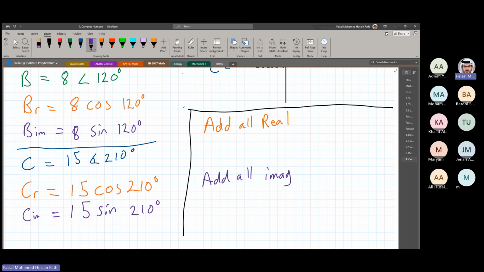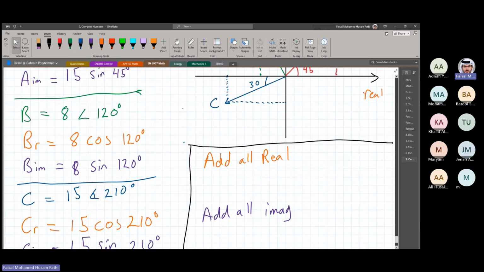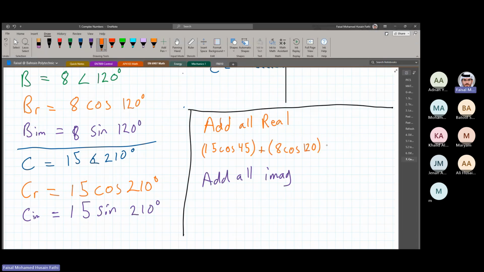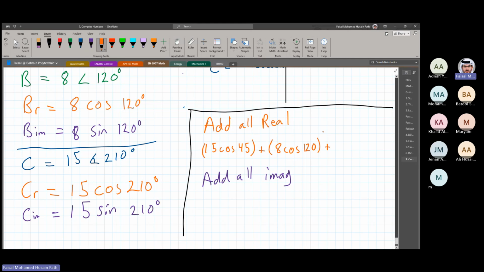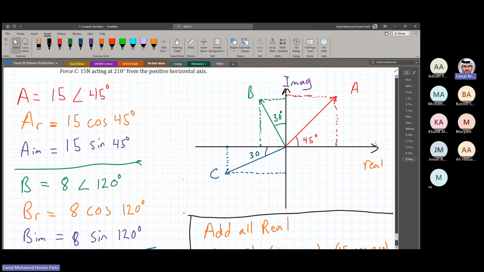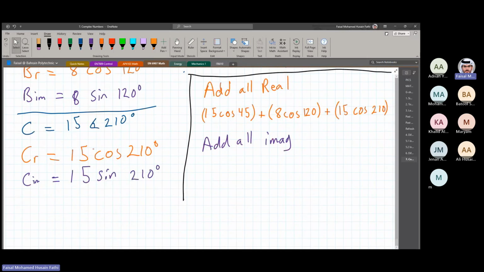So we have 15 cosine 45 plus 8 cosine 120 plus 15 cosine 210. This is the real component. What does this mean? We are adding all the components along the x-axis, or the real axis, so we find the value of the resultant. And then the same thing we will do with the imaginary.